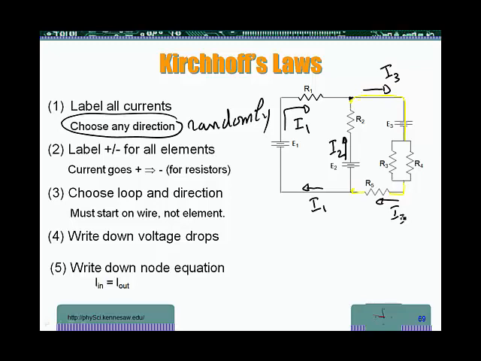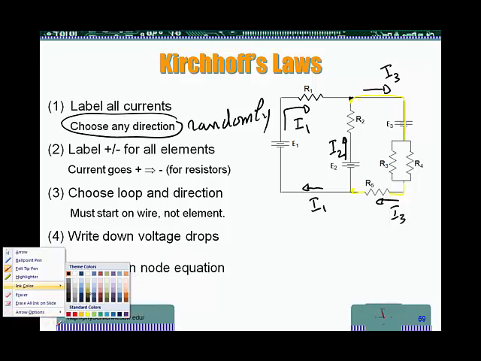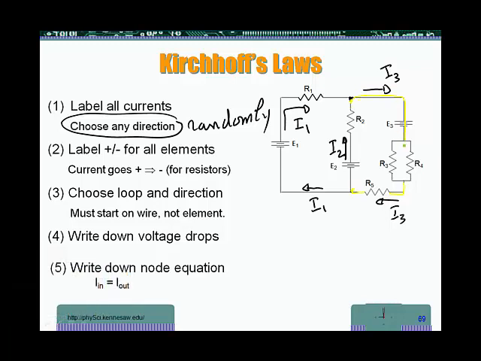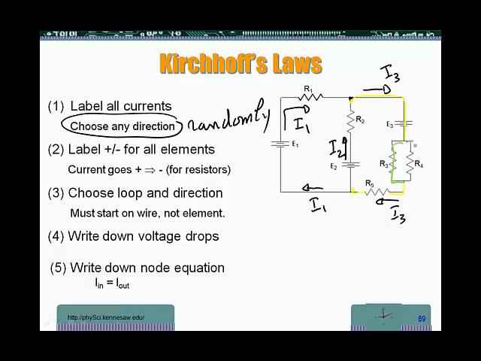Remember, that's just one loop. That loop is broken, sorry, here. Let's use another color. It is broken into two paths here. The green one, let's say the purplish one.